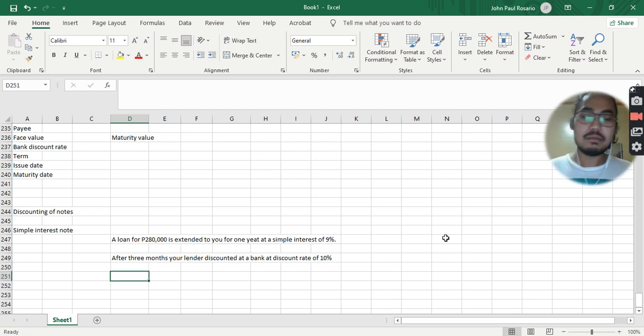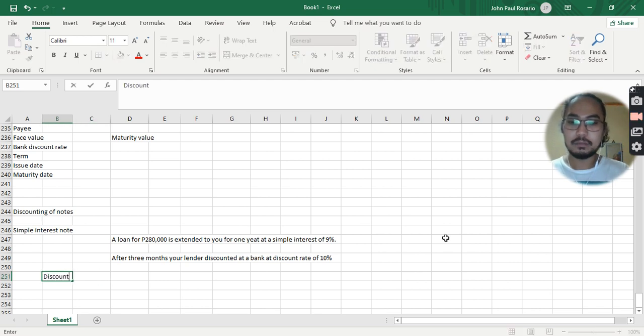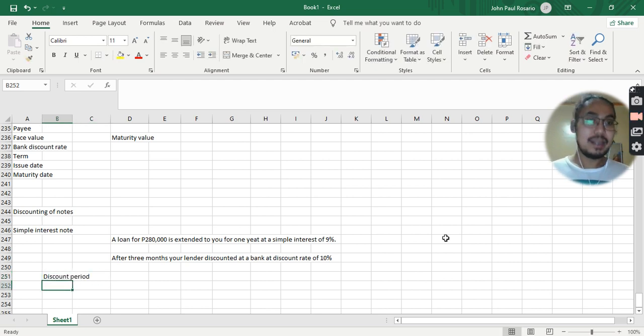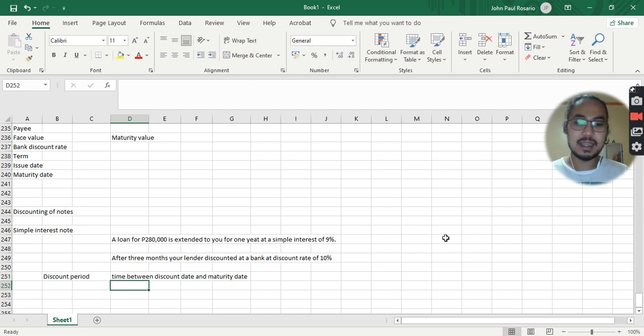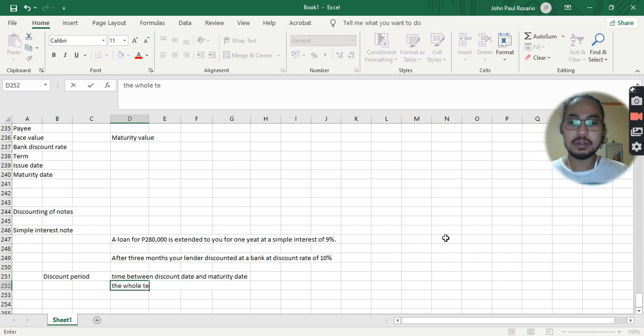So for discounting, we have to take into account the discount period. The discount period is the time between the discount date and maturity date. So meaning this is the whole term of the loan less the expired portion.